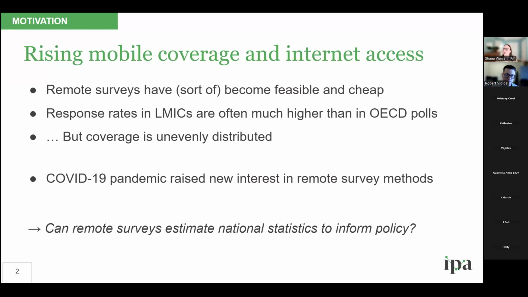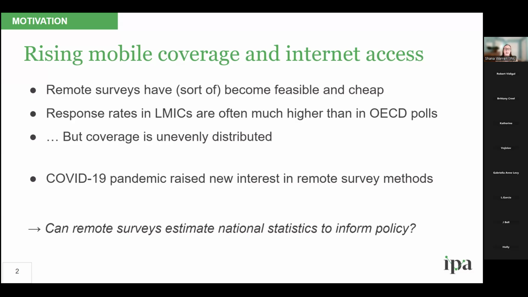So why are remote surveys suddenly of much more interest in low and middle income countries? And I will say in particular in lower income countries. So first, the rising mobile coverage and internet access across these regions. Remote surveys have more or less become more feasible and less expensive. It really depends a bit on the context.